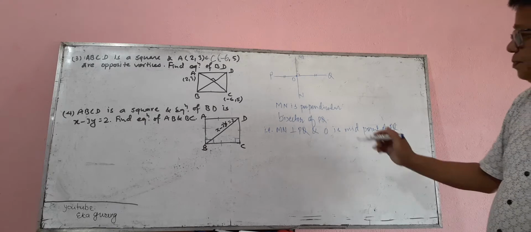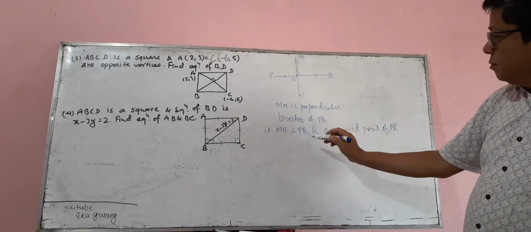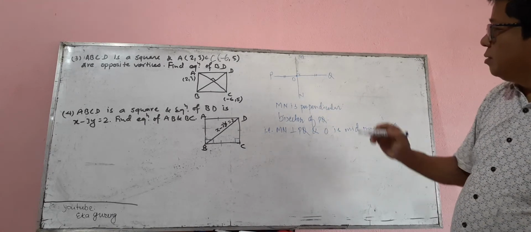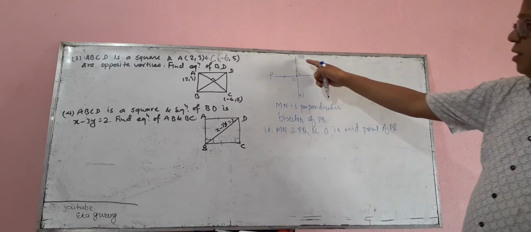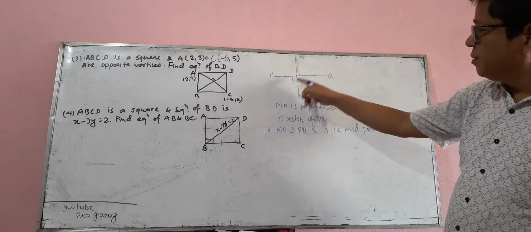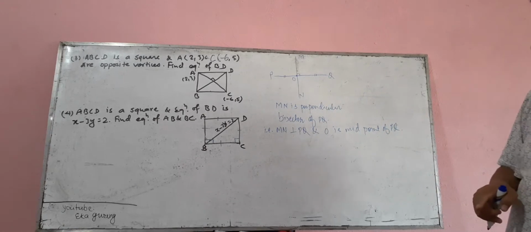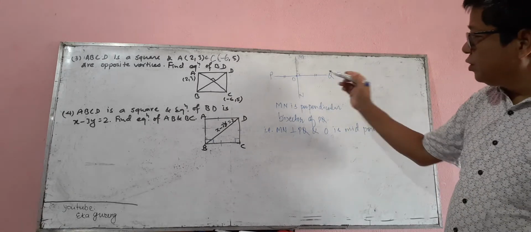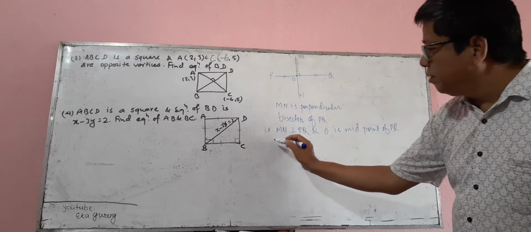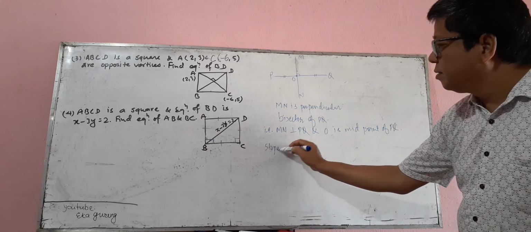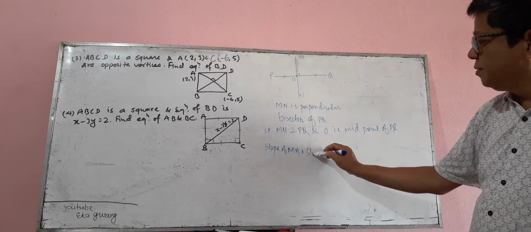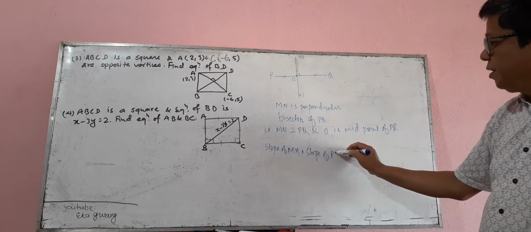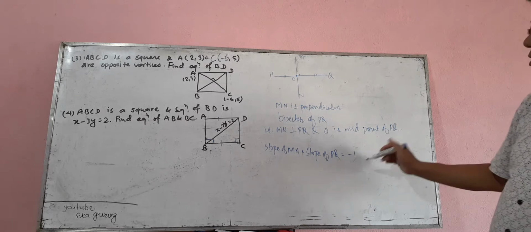And also, we have to find the equation of MN. To find the equation of MN, which is perpendicular to PQ, first we find the slope of MN. We know that the slope of MN times slope of PQ equals -1.